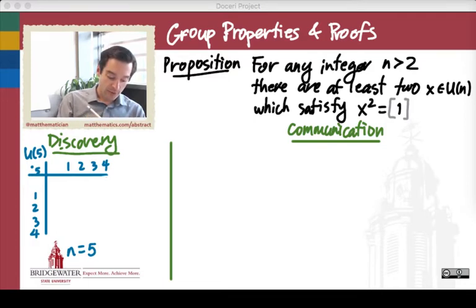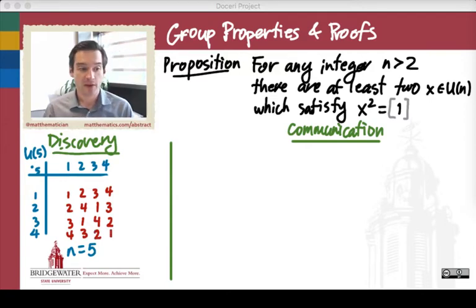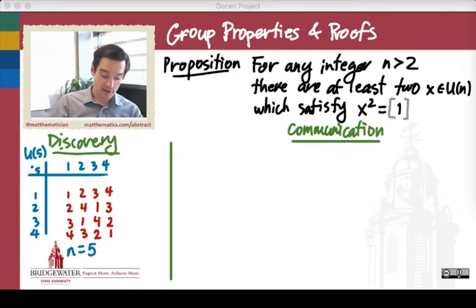Then 1 through 4: 1 times 1, 1 times 2, and so forth. 2 times 2 is 4, 2 times 3 is 6, 2 times 4 is 8, 3 times 2 is 6, 3 times 3 is 9, 3 times 4 is 12, 4 times 2 is 8, 4 times 3 is 12, 4 times 4 is 16. Okay, here's my Cayley table for U5, the group with mod 5 multiplication as the operation.